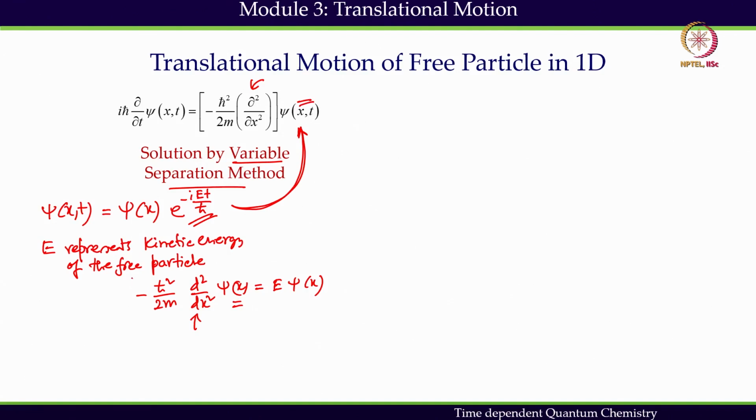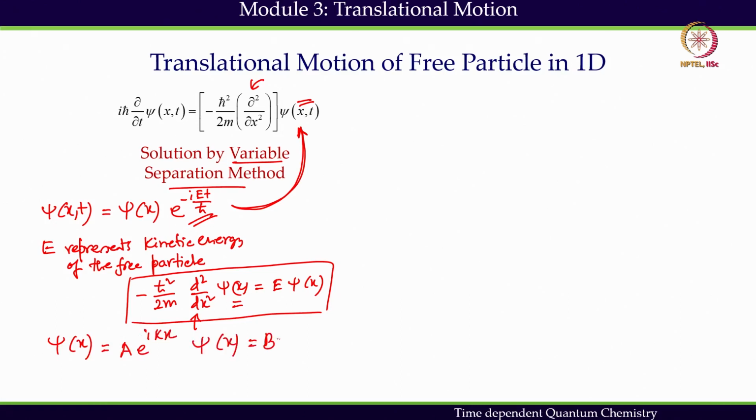So, what is the solution of this? I can have a solution of the following form: psi(x) equals either e to the power i k x, where I will present what k is, or I can have a solution like e to the power minus i k x.